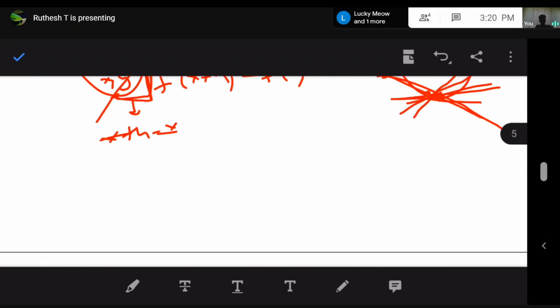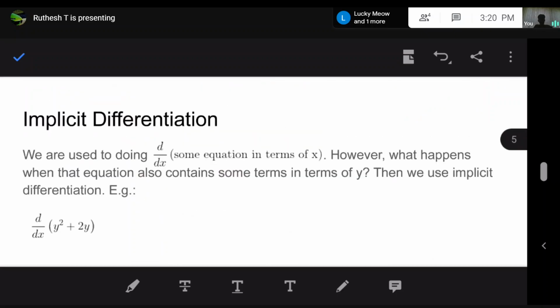So that's how you prove the trigonometry derivatives. So now we're going to move on to implicit differentiation. So like the warm-up and the trigonometry derivatives were all derivatives with respect to x of some expression in terms of x.